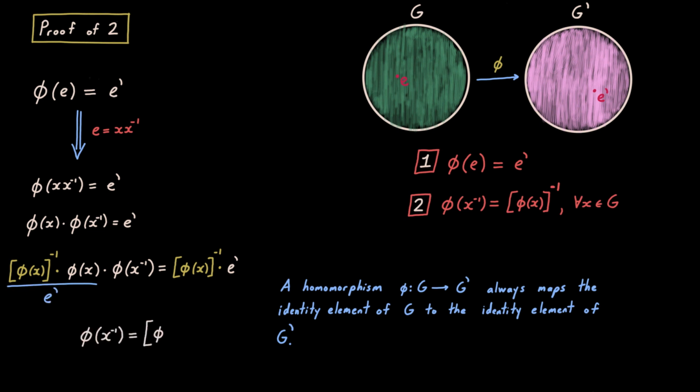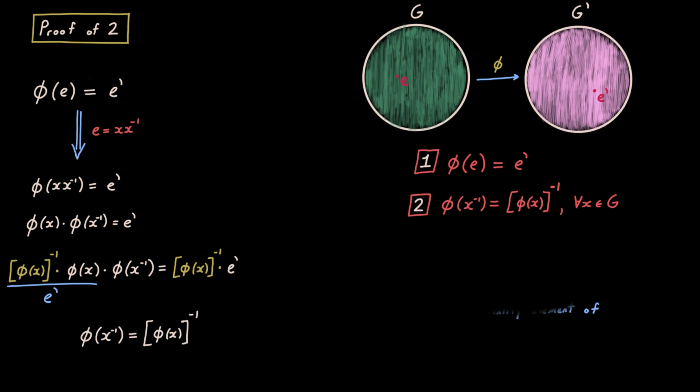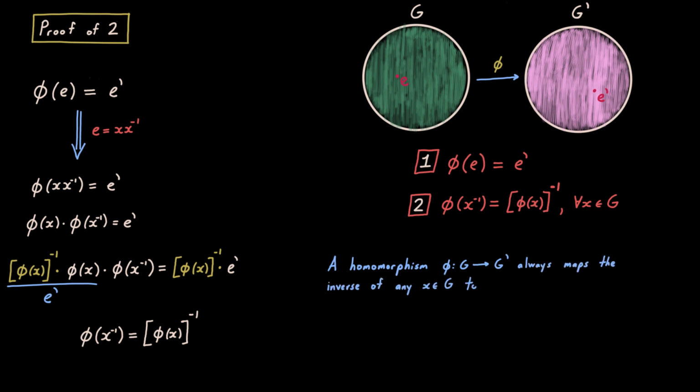So the left side is just phi of x inverse, and the right side is the inverse of phi x. So in one fell swoop, we have shown that a homomorphism always takes the inverse of any x in G to the inverse of the element that it maps x to. It's quite nice.